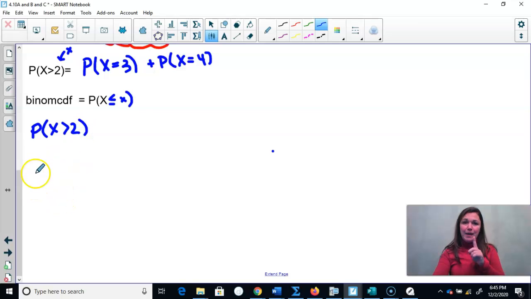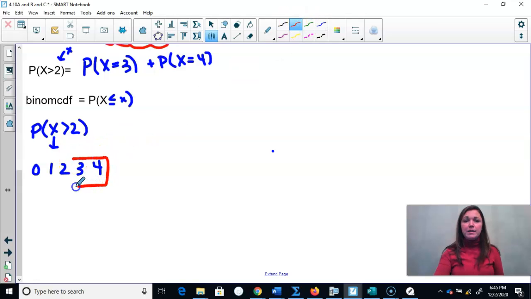Under it, as guidance, I know what could happen. I'm rolling this dice 4 times. I could get doubles 0 times, 1 time, 2 times, 3 times, or 4 times. I want 3 or 4 times.